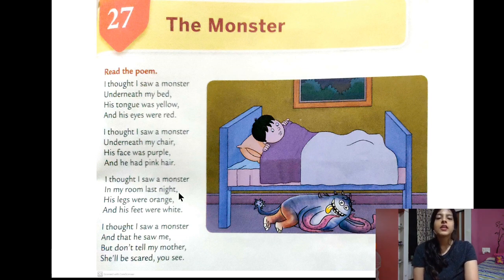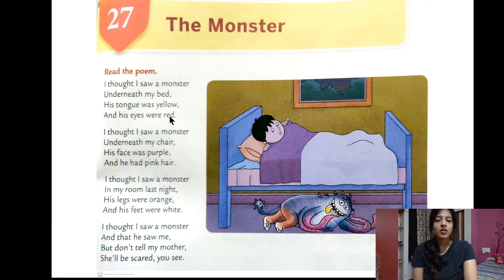So, this is a poem in which the poet is the first person. The poet is telling us his story. What is it? The poet thought that he had seen a monster underneath, which means under his bed.